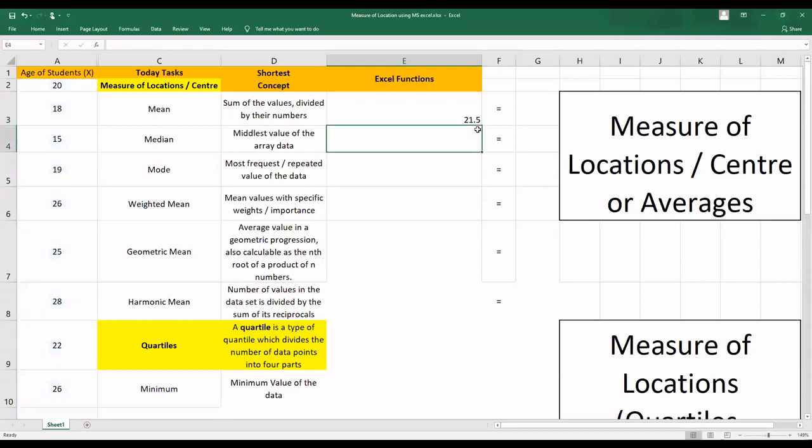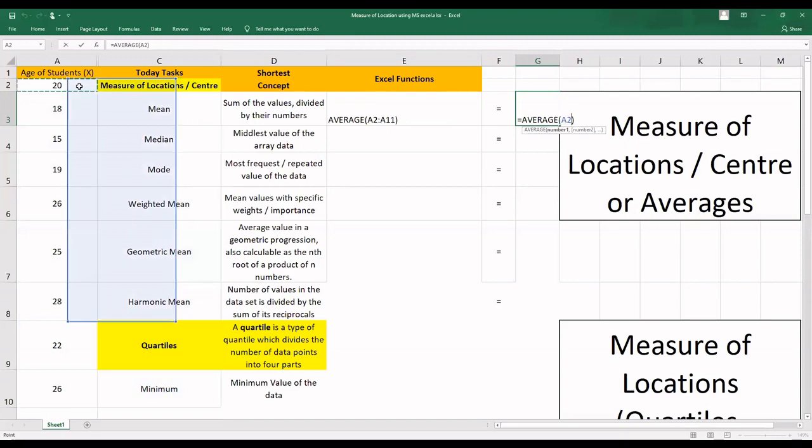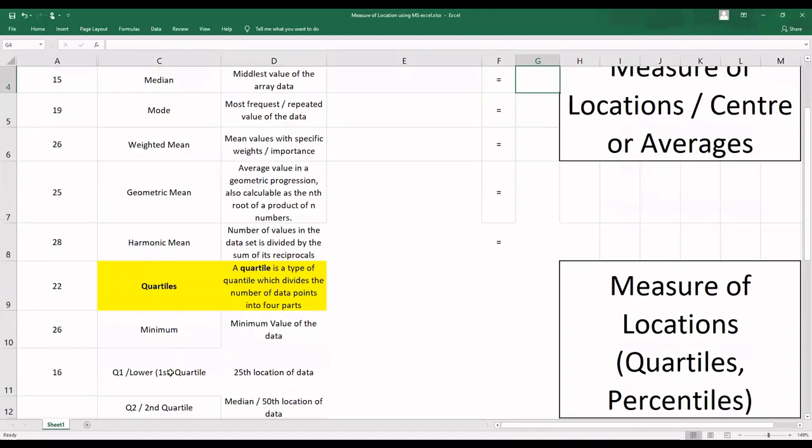The value is 21.5. So it's very easy. I'm using the same one here, and here is the cell for your output.